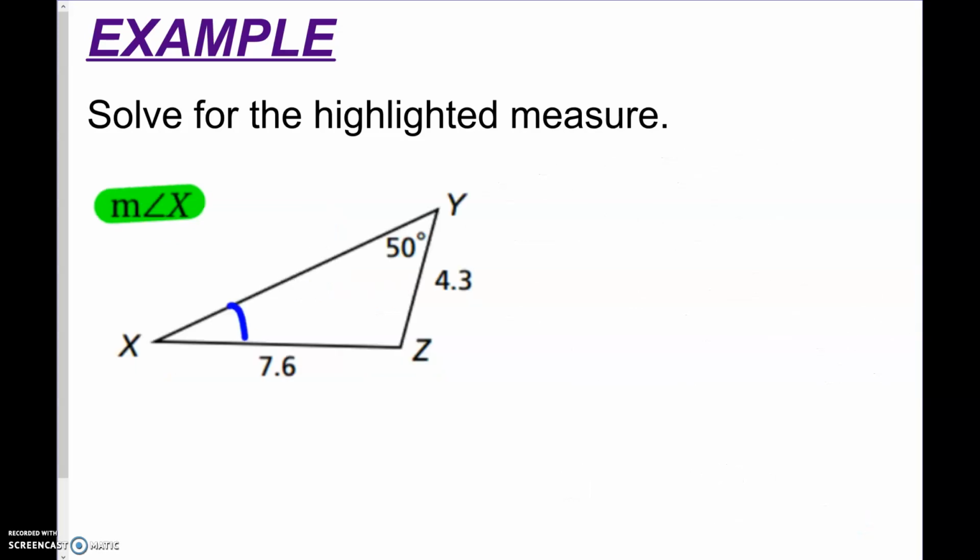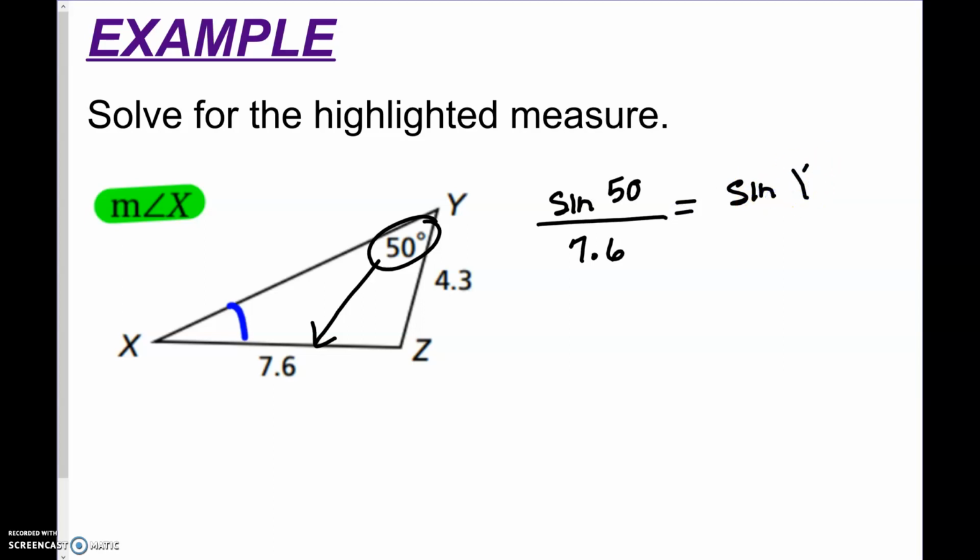All right, let's give another one a try here. What do we have here? Looks like we have the sine of 50 and the side opposite, which is going to be 7.6, and that's going to equal the sine of x, because that's what we don't know, the sine of x over 4.3.